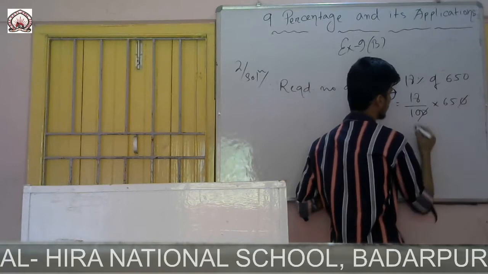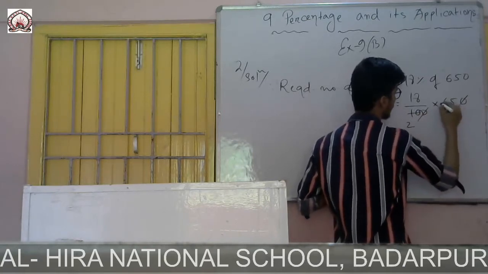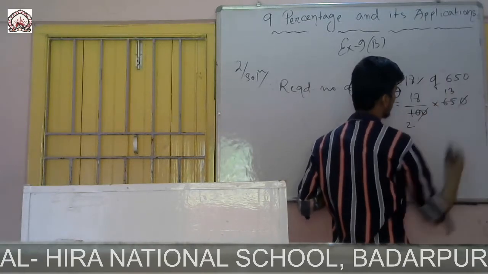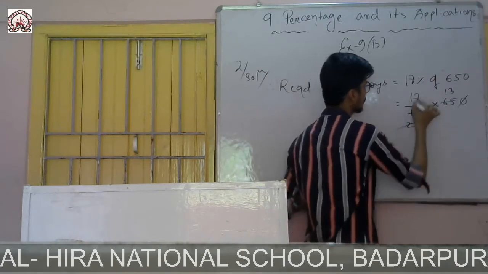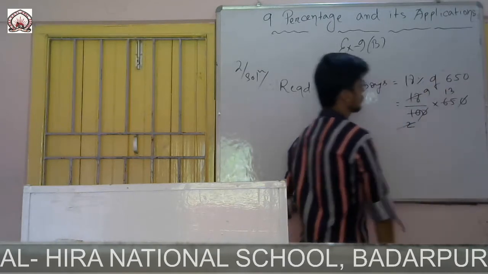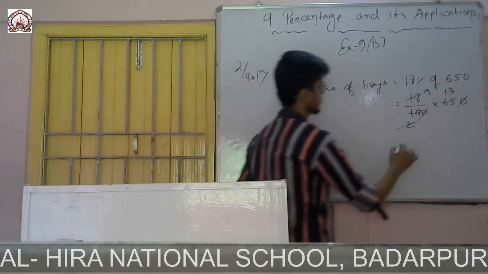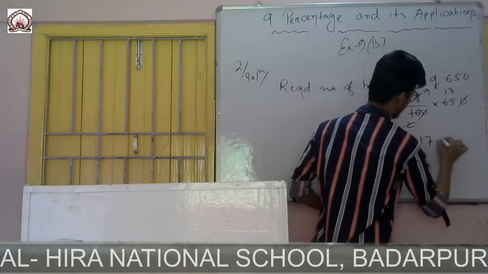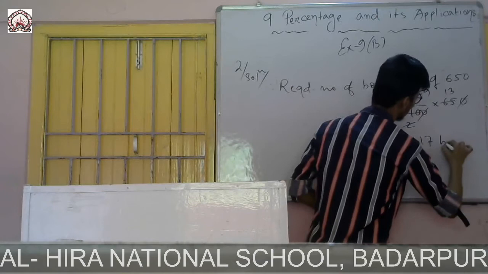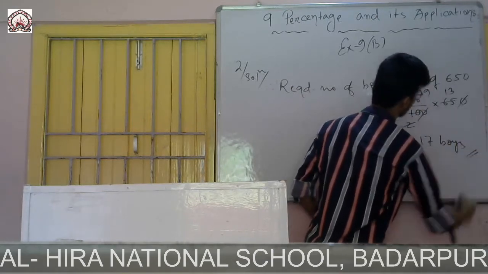The 10s I can cancel. 10 2s are 10, 13s are okay. 2 9s are 18. So 9 13s are 117. So the answer is 117 boys.